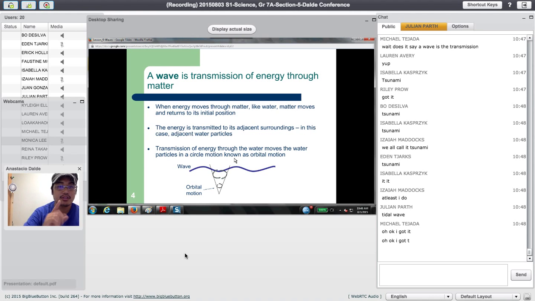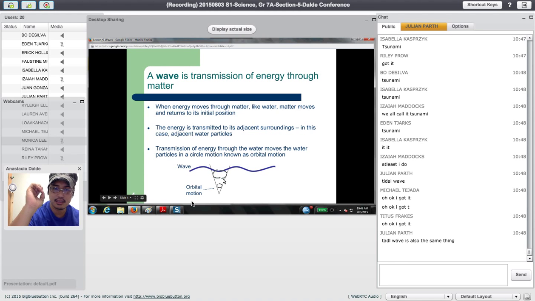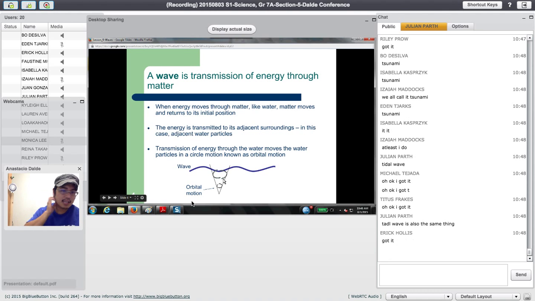So the stuff in the matter moves around, but it comes back to its original spot. And I think that's an important concept to understand. That's kind of like the people in the sports wave standing up, they're moving around, and then they sit back down. They're moving back to their original spot.